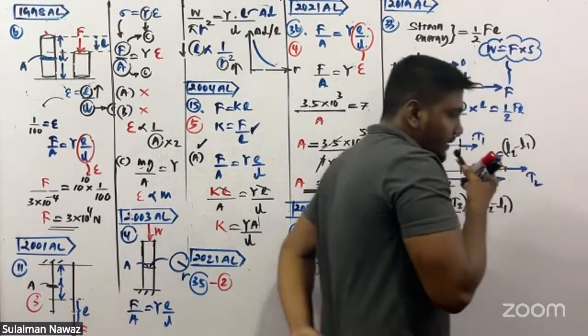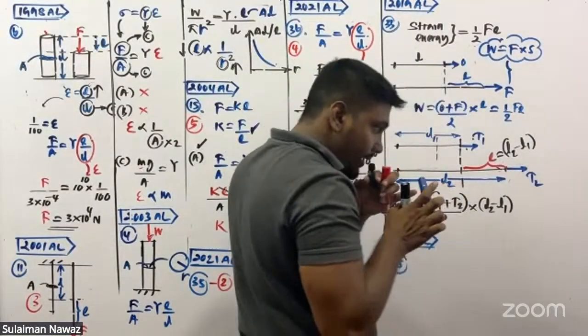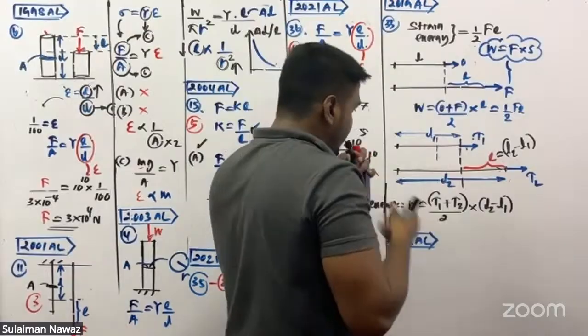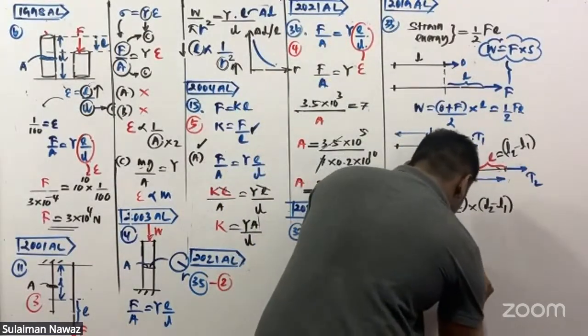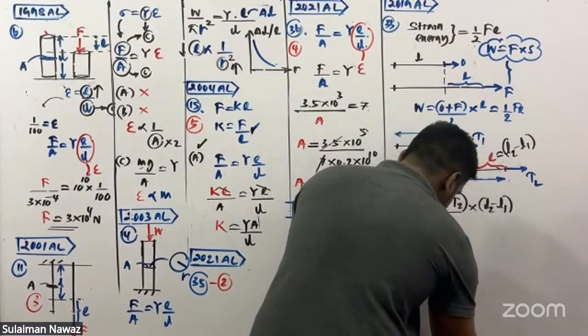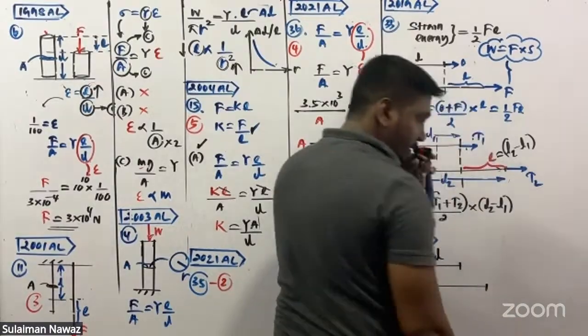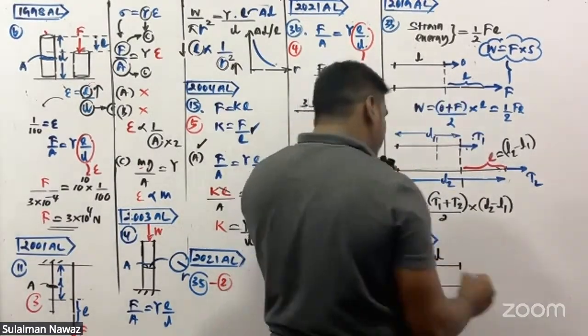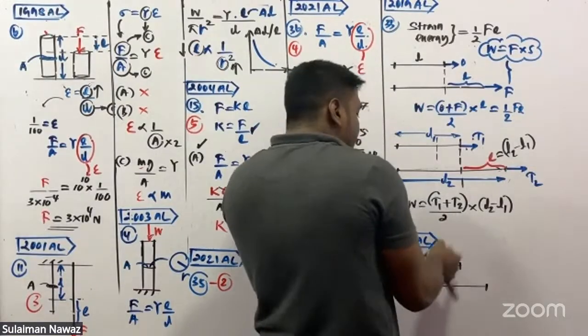Same story. Now they are telling that there is a wire, a string. Natural length is L naught. So you want to extend this string to a length D. They mention D is larger than L naught.